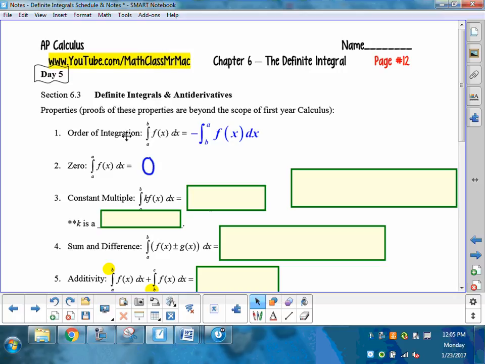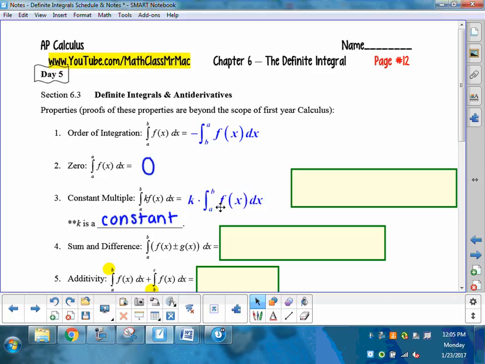Next one up, if you have some constant k that's multiplied by the function, you pull out that k and then multiply it out. So you've got k times the integral.